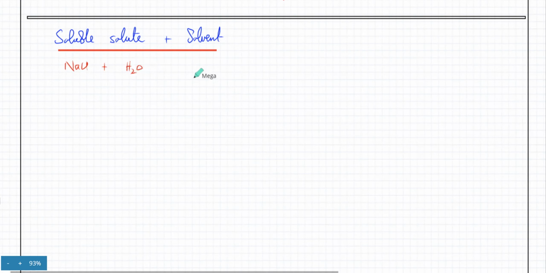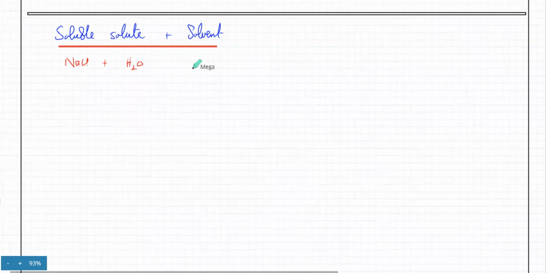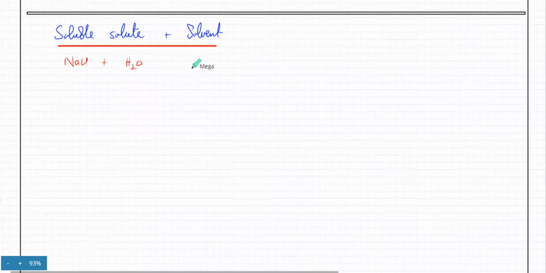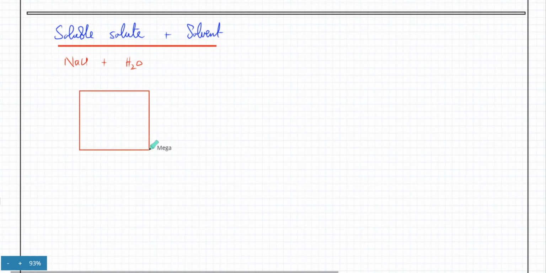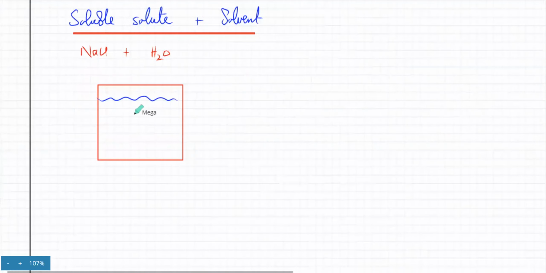Now the thing with substances that are soluble is that they get mixed at the molecular level, which means that even the tiniest atom and the tiniest molecule, if you have NaCl mixed in water, the particles completely get submerged or mixed. They get completely scattered in water.